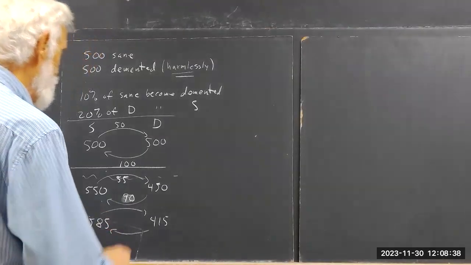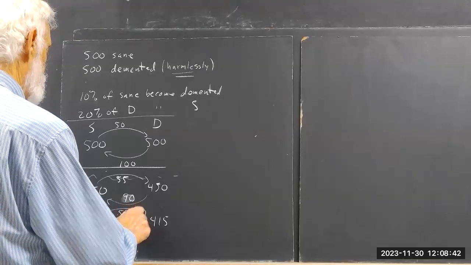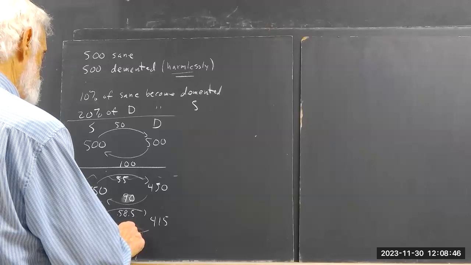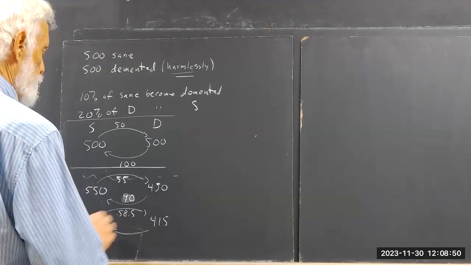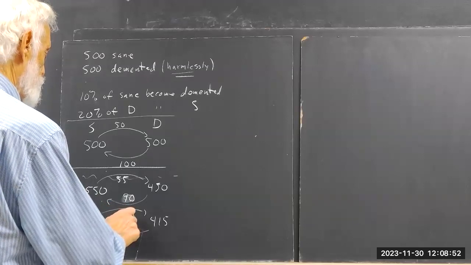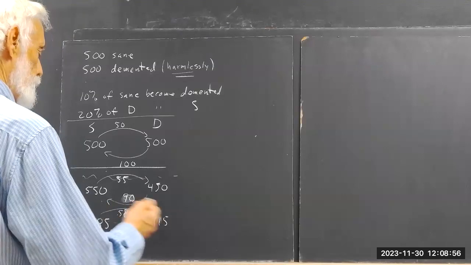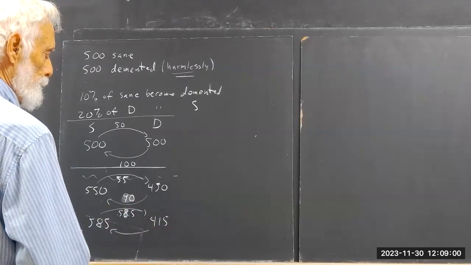Well, then you're going to lose 58.5 here, and you're going to gain, sorry. Yeah, that's right, 58.5. And you're going to gain, I'm getting an even number. It can't be right.